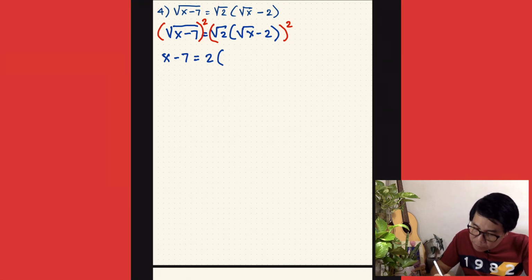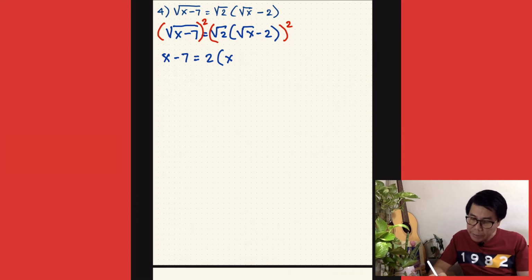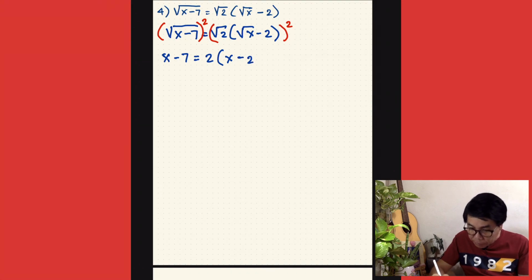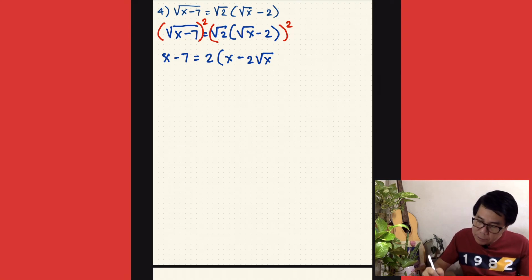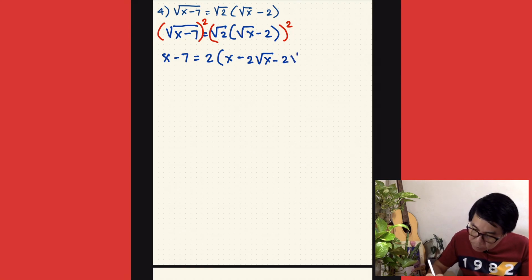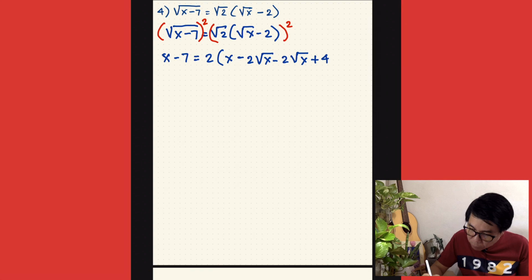Square root of x times square root of x is equal to x, then square root of x times negative 2 is negative 2 square root of x, and then negative 2 times square root of x is negative 2 square root of x, and negative 2 times negative 2 is positive 4.